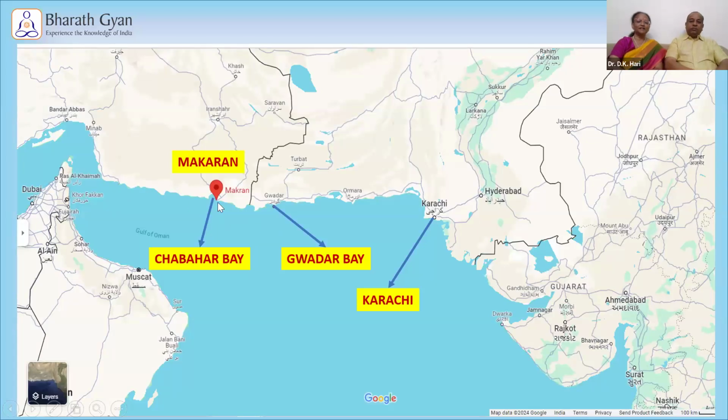And this Makaran coast is coming back into focus in recent times because of the Chabahar Bay and the port there in Iran, which India has started to operate. Like that, you have the Gwadar Bay, Gwadar port here, which is in Pakistan and is part of China's Belt and Road Initiative. Actually, Gwadar was offered to Bharat by Oman, which owned it then.